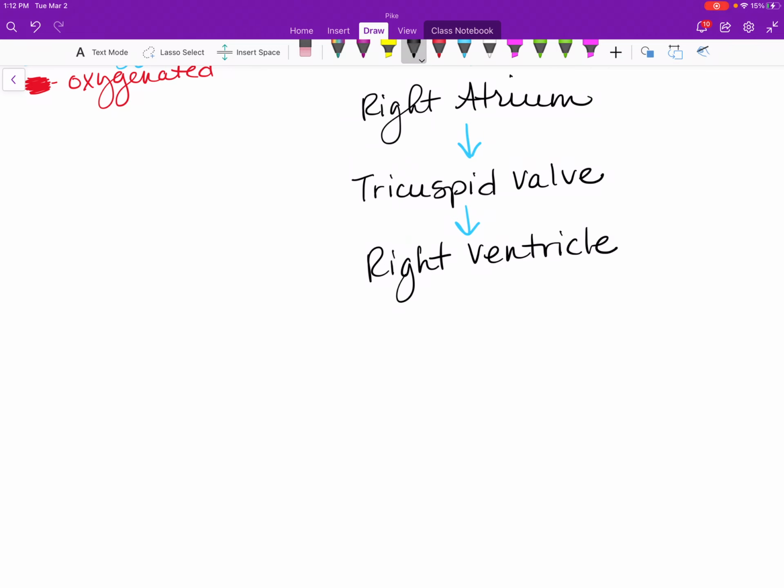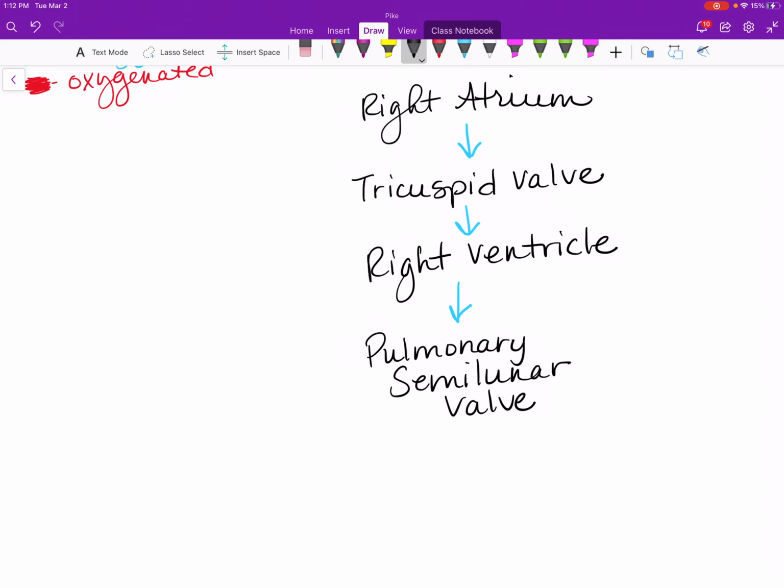The ventricle is where blood is going to leave the heart, but we're still deoxygenated. And how we leave the heart, we have to go through a door. The door that this blood is going to go through is called the pulmonary semilunar valve. Set of French doors to leave the heart.